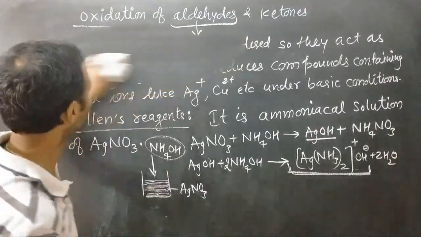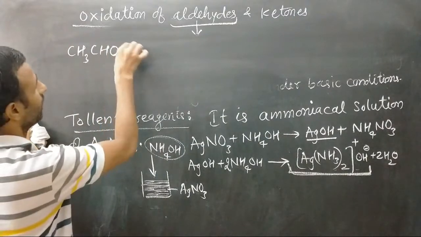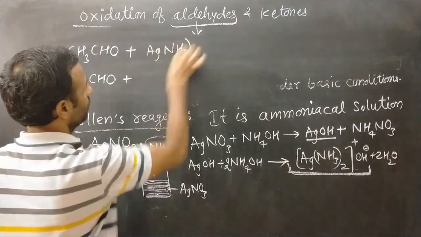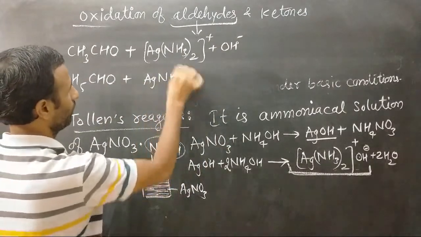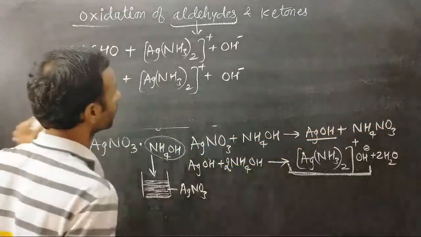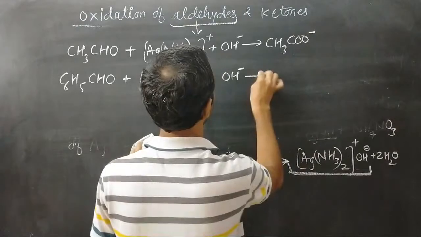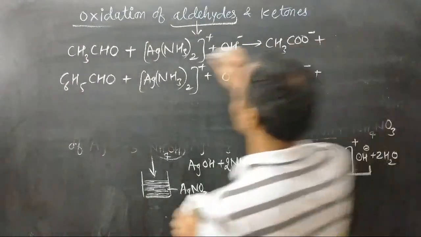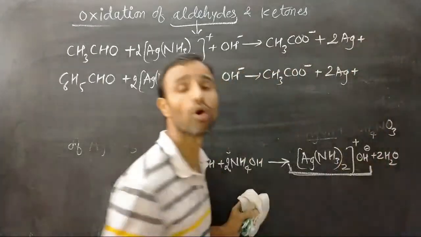Now, when Tollens reagent reacts with any aldehyde, aliphatic as well as aromatic, the aldehyde reduces Tollens reagent and we get the acetate ion along with silver, which is deposited on the inner walls of the beaker or test tube.